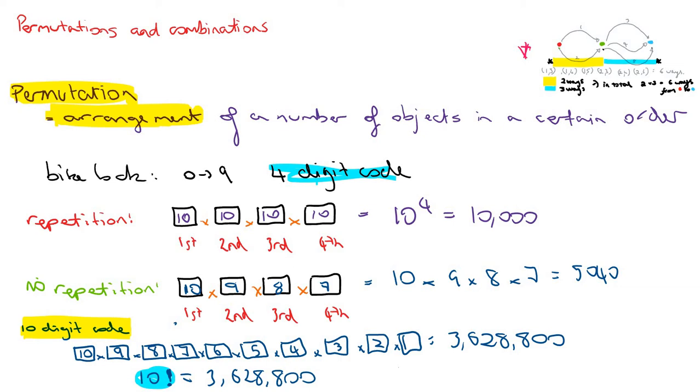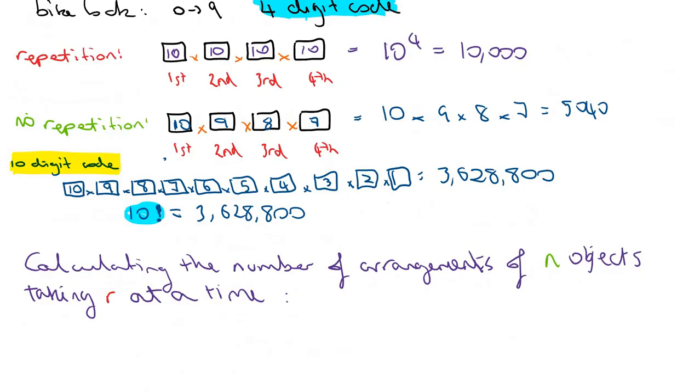So we say we're taking n objects, r at a time. When we want to calculate the number of arrangements of n objects taking r at a time, there's a formula and an easier way to do it: n factorial over n minus r factorial. So going back to my bike lock, I'm taking 10 objects, which are my 10 numbers, so that's 10 factorial, divided by 10 minus 4, because I'm taking 4 of them at a time, which is 10 factorial over 6 factorial, which gives me 5,040.